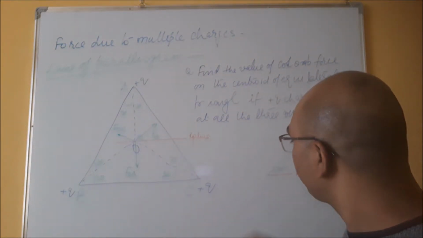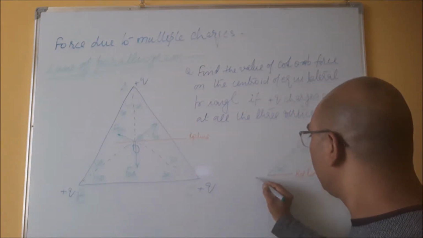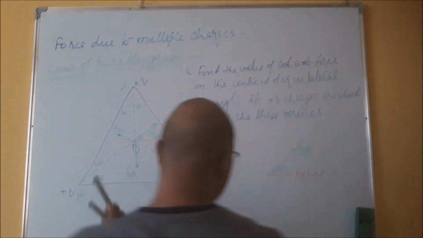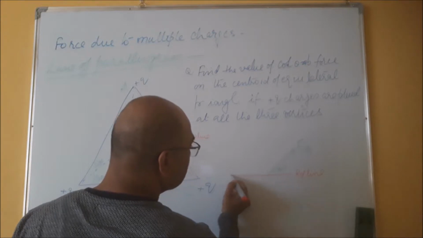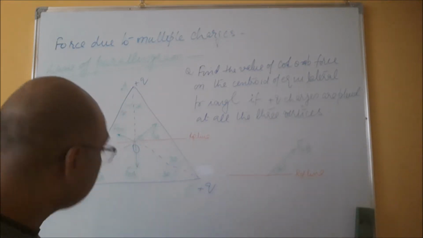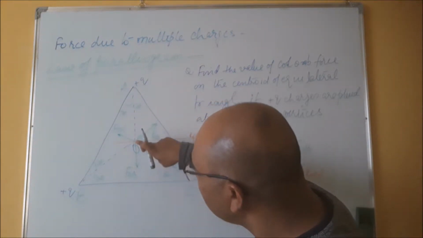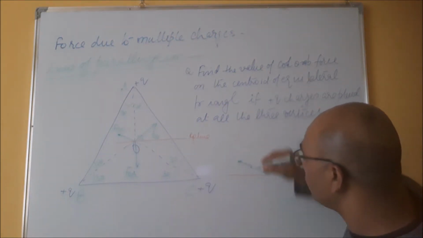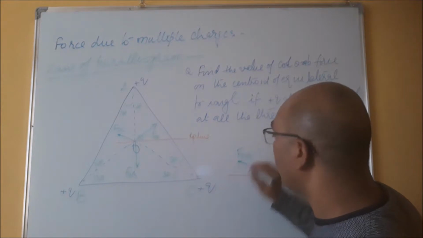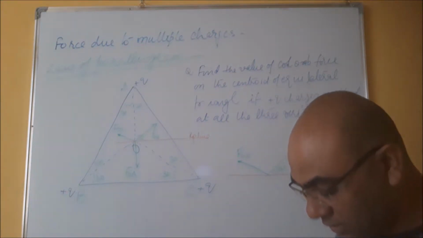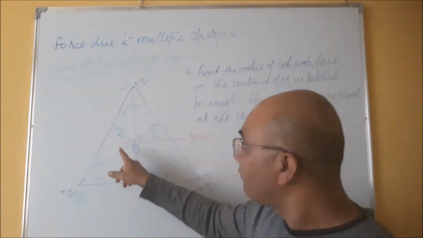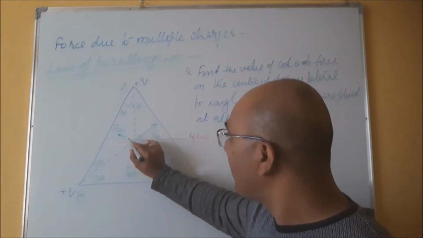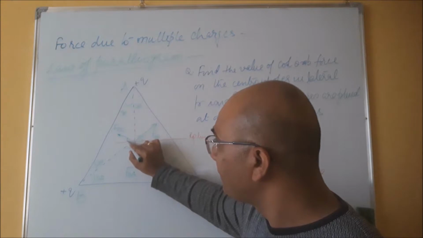Again see here F_OC. This is the reference line. So where is F_OC? F_OC is like this. And what is the angle? You see this makes angle 30 degree.